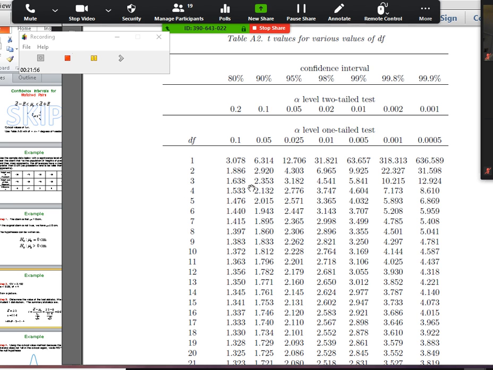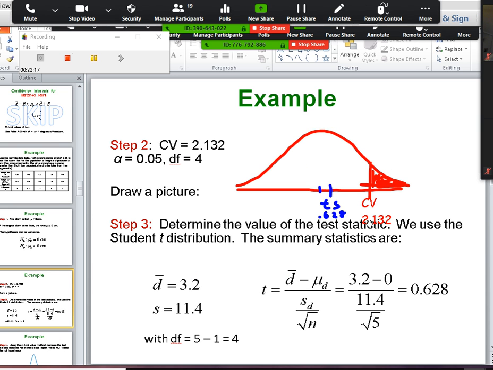Here we go, 2.132. That's my critical value, because it's one-tailed 0.05. And it's right-tailed, greater than, so I'm going to shade to the right. It's positive.